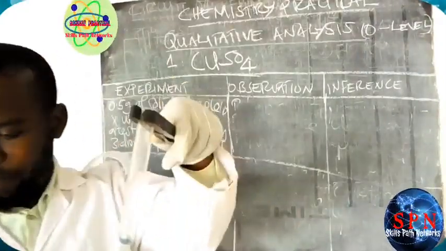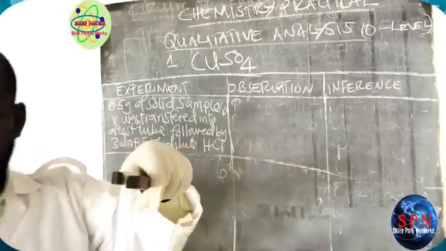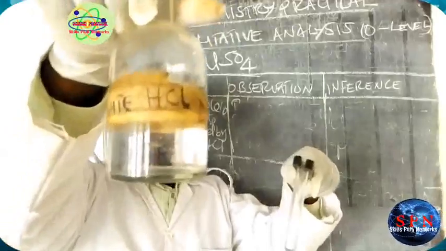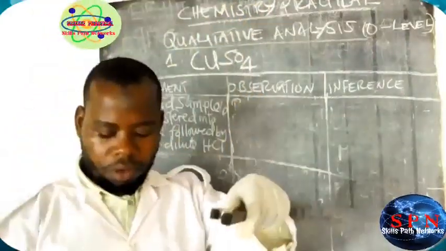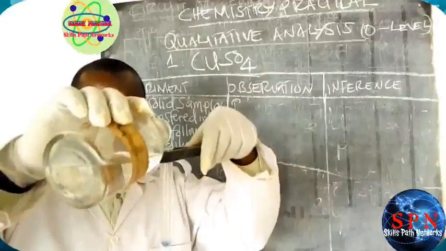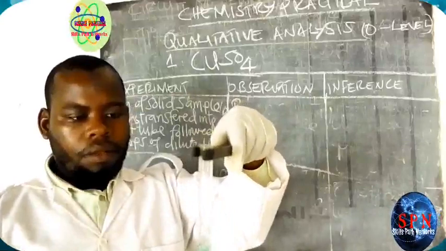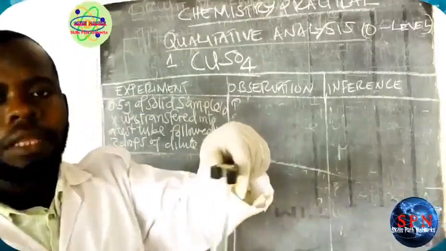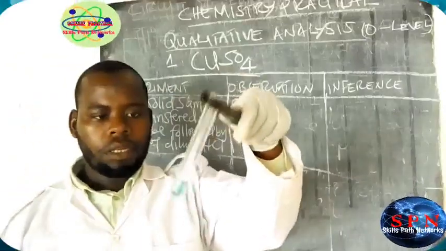This is our sample. Then you add dilute hydrochloric acid. You can add more than 3 drops, but you're supposed to specify it in your report.